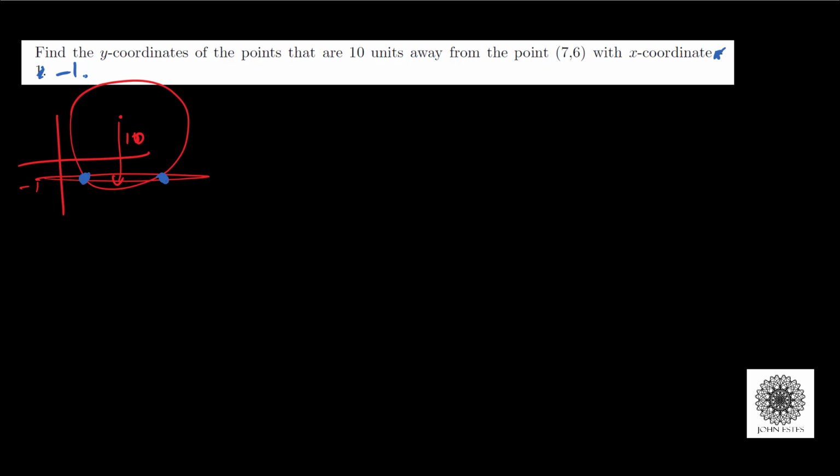Now the way I do this is by using this formula. The distance between 2 points is the square root of (x2 minus x1) squared plus (y2 minus y1) quantity squared. So in this case, I have a distance. My distance is 10.